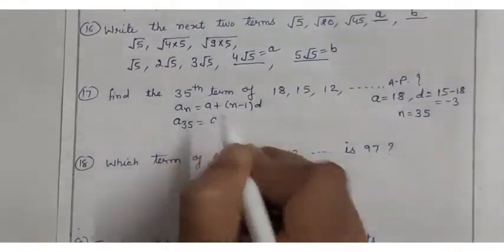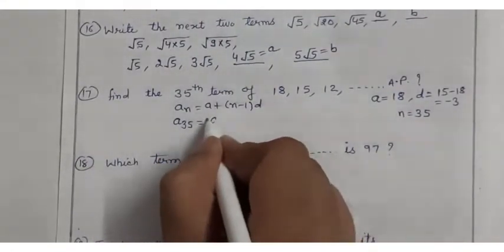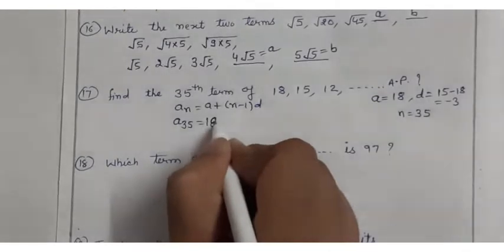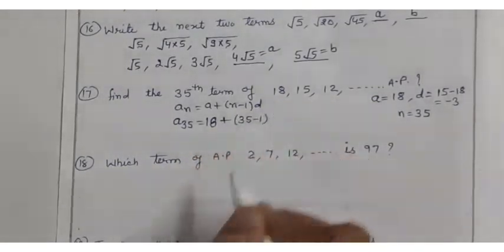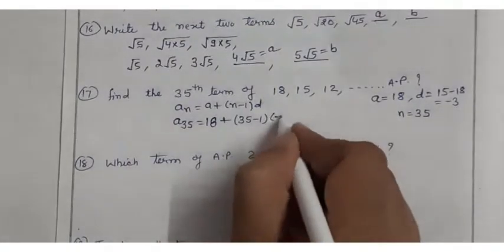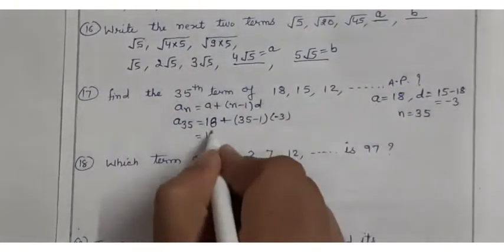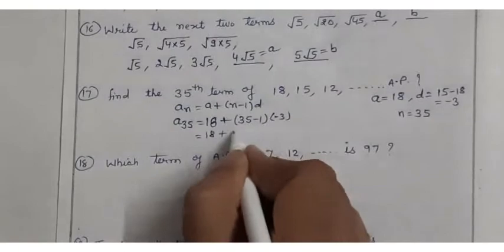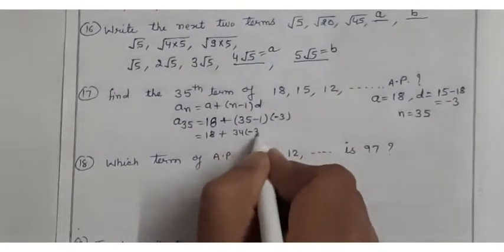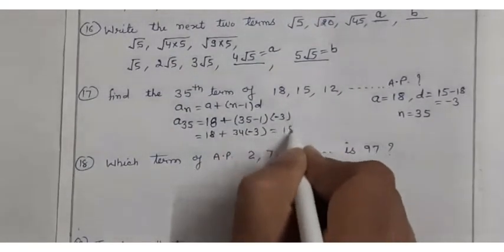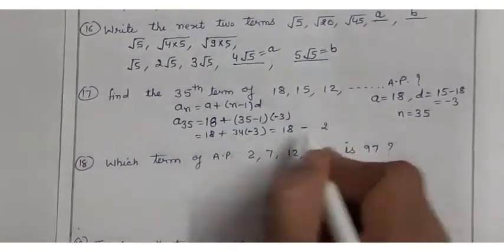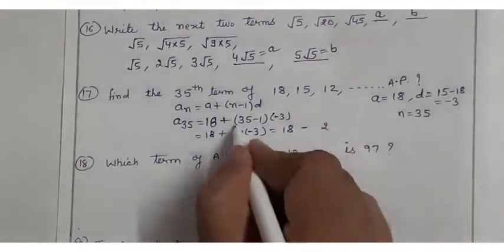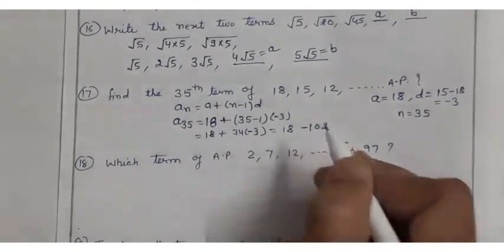So A value is what? 18, no? This is 18 plus 35 minus 1. D is what? Minus 3. Okay, 18 plus 34 times minus 3. 4 3s are 12, 3 3s are 9 and 1, 10.